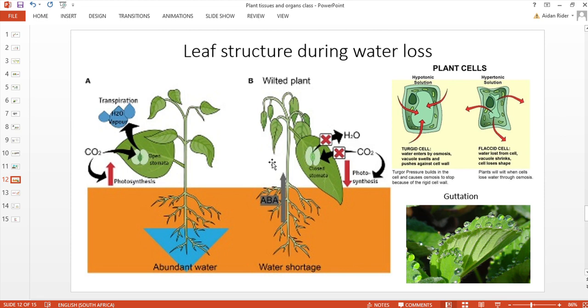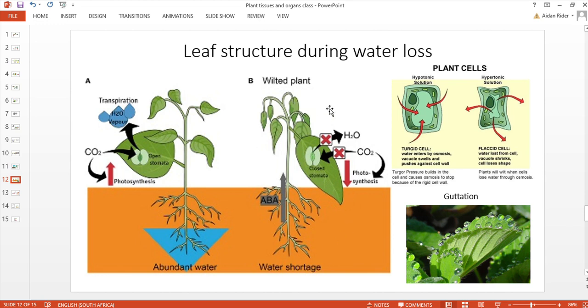The stomata also close to prevent more water from going out, and also to prevent more carbon dioxide from going in. So photosynthesis also decreases. This plant is, in a way, dying. But as soon as more water comes into the soil, the stomata can open again, transpiration can happen again, and more carbon dioxide can be absorbed. Okay, that's basically the process of wilting.